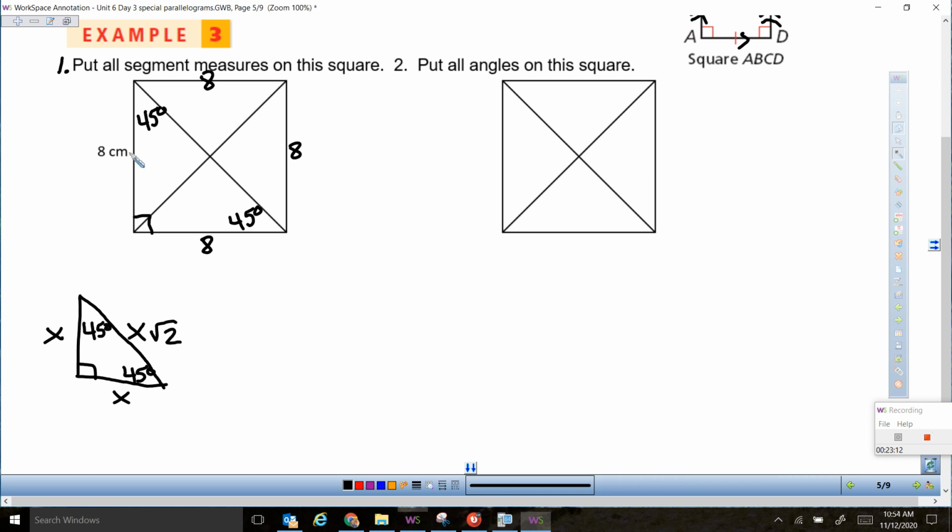So on my 45, 45, 90 triangle, if my 2 legs are 8, so we have 8 and 8, what would that hypotenuse be? 8 square root of 2. So the hypotenuse of that right triangle is the diagonal. So down here I'm going to write that the diagonal is equal to 8 square root of 2.